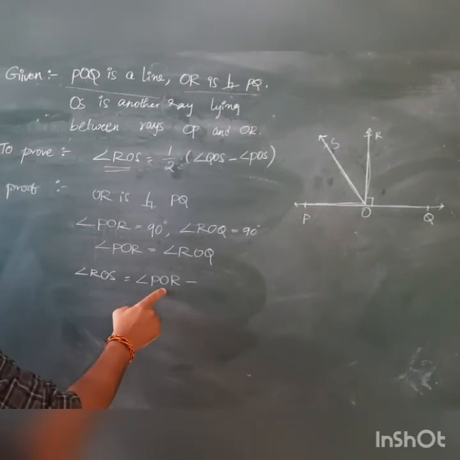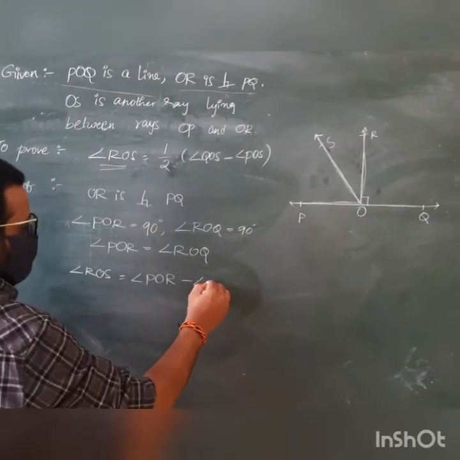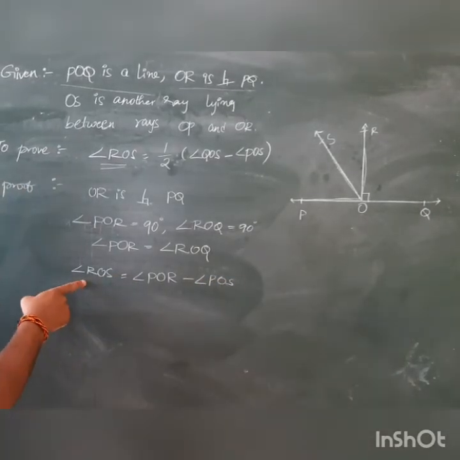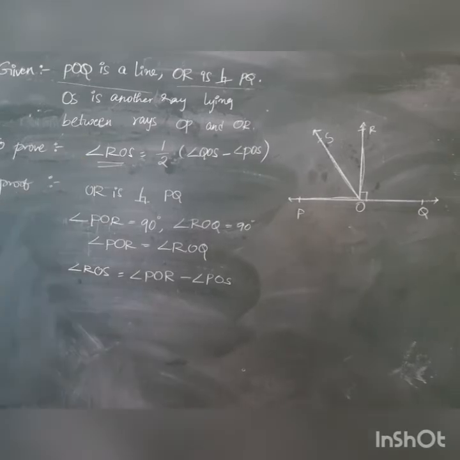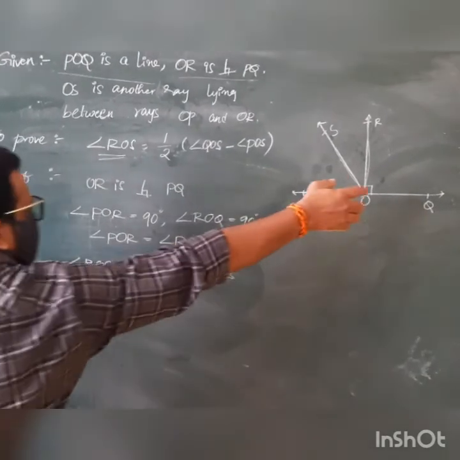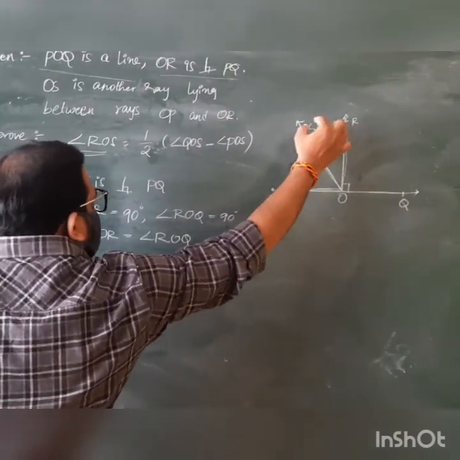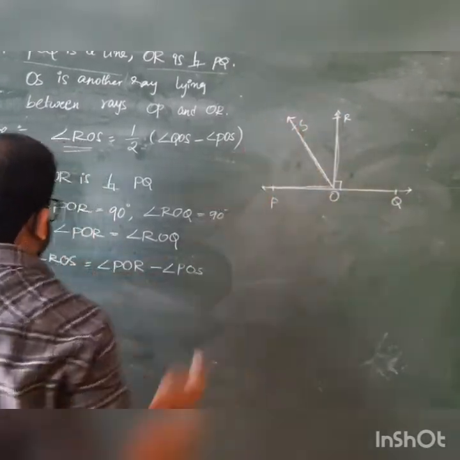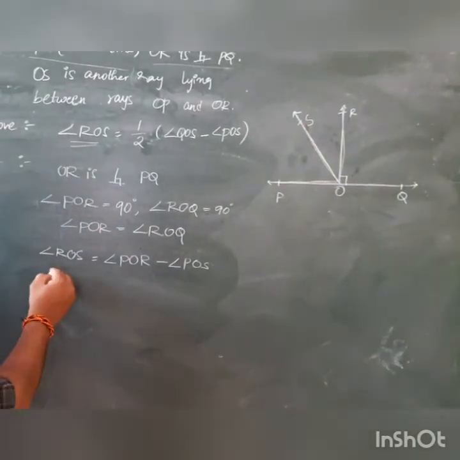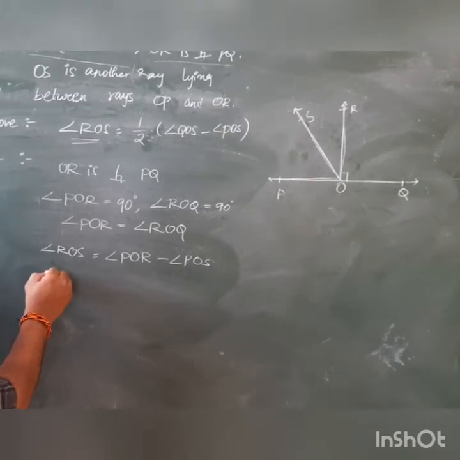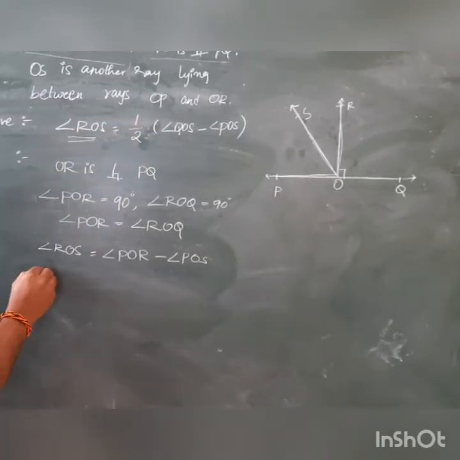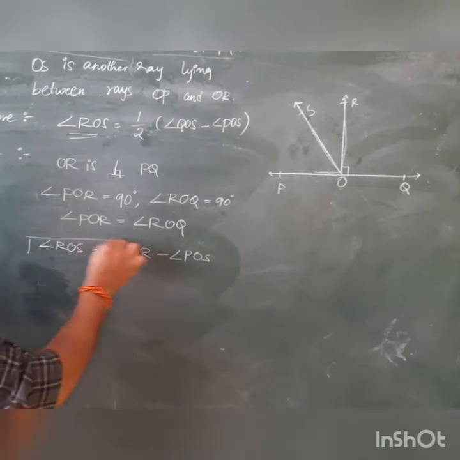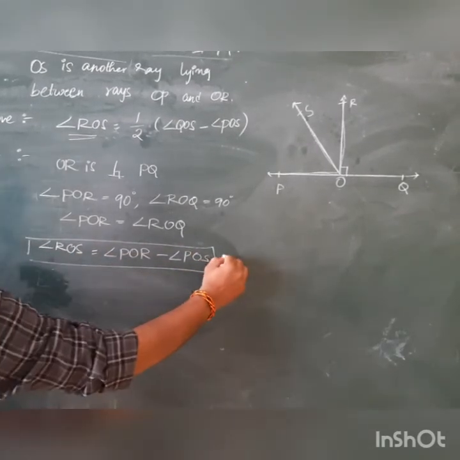So angle POR minus angle POS is equal to angle ROS. This is part 1, the first equation.